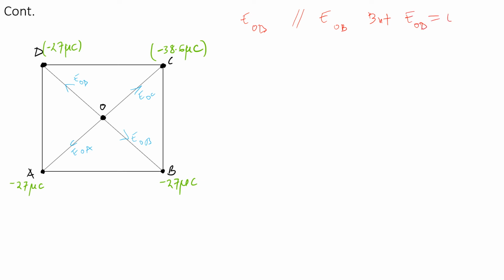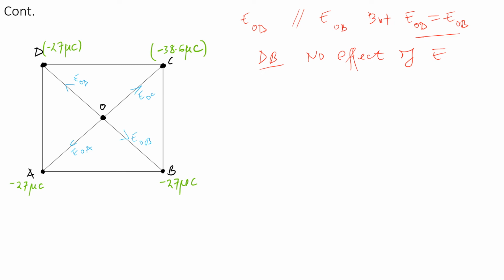EOD is equal to EOB. So if they are equal, it means that in the line DB, there is no effect of E. The net electric field in the line is equal to 0 because they are equal but opposite direction.